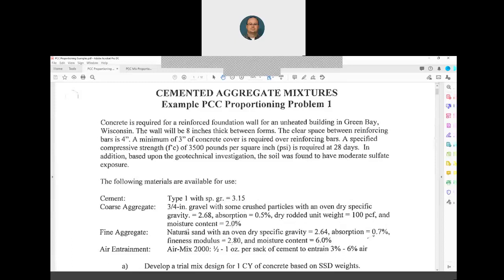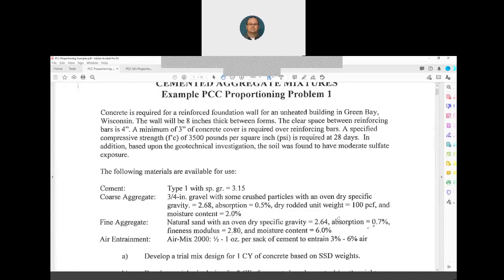Fine aggregate, natural sand with an oven dry specific gravity of 2.64, absorption of 0.7%, fineness modulus of 2.80, and moisture content of 6%. Air entrainment.